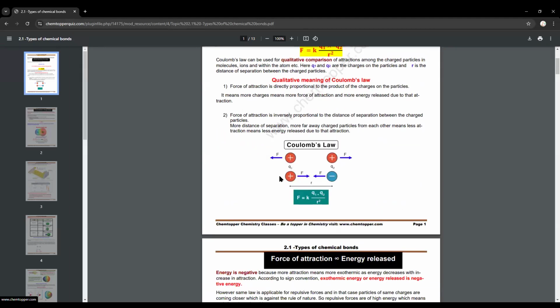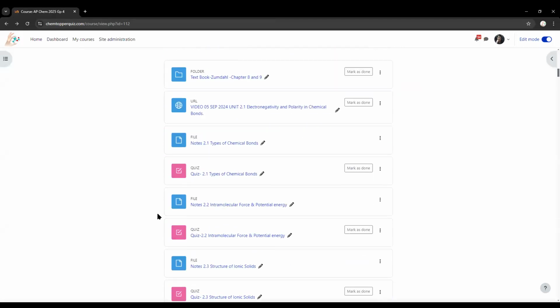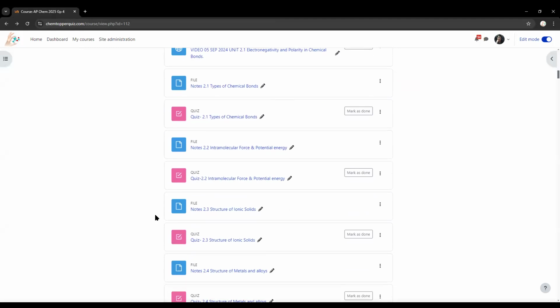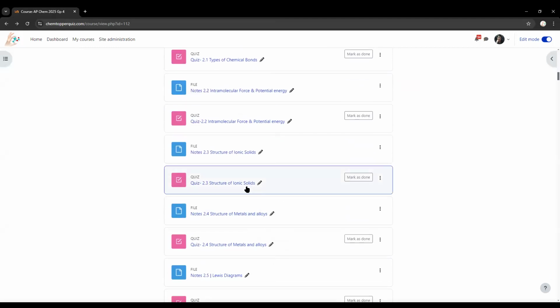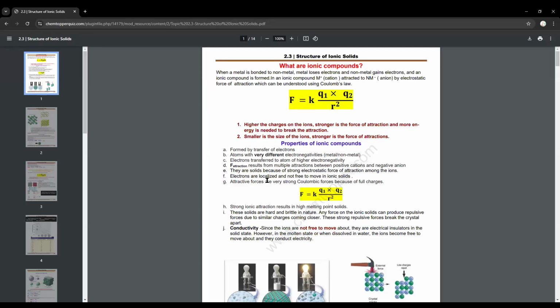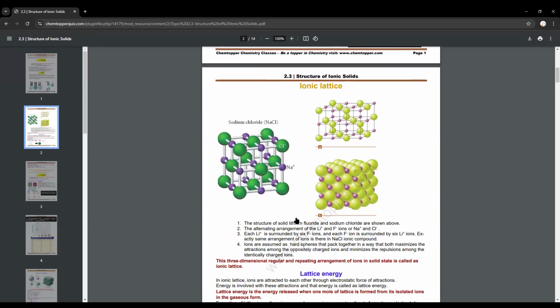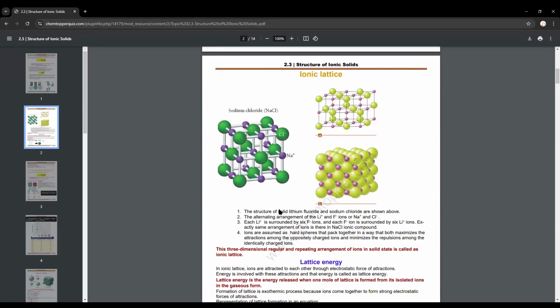So half of unit 3 will be done here only. All the questions which you are asking from me, I am going to do in this particular topic, structure of ionic solids. Here I will be teaching you this: the lattice, the attractions, the melting point. See, ionic lattice, you were using exactly the same word.